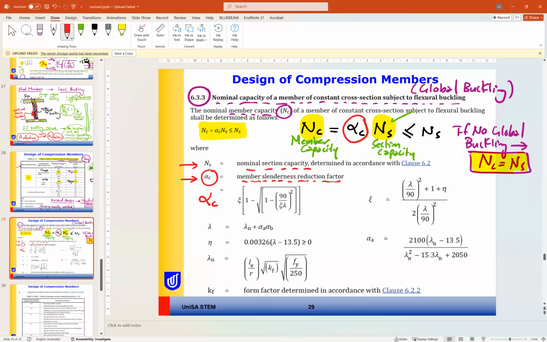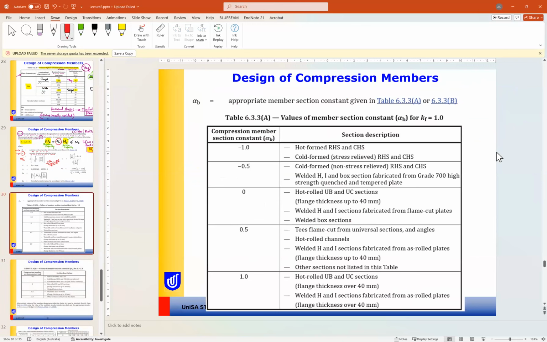So this one is a too complicated method, because we need 1, 2, 3, 4, 5, 6 formulas to find the value of the factor alpha C. So we can ignore this method, or not focus on it, and we have another method to find it.